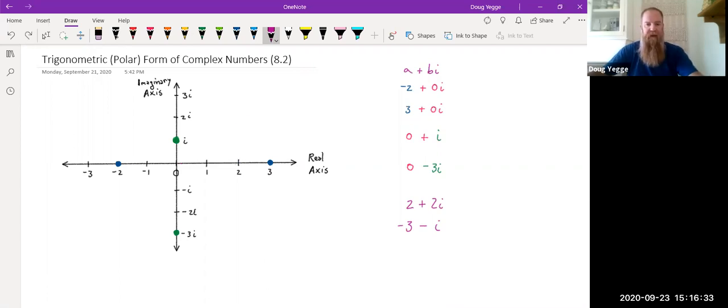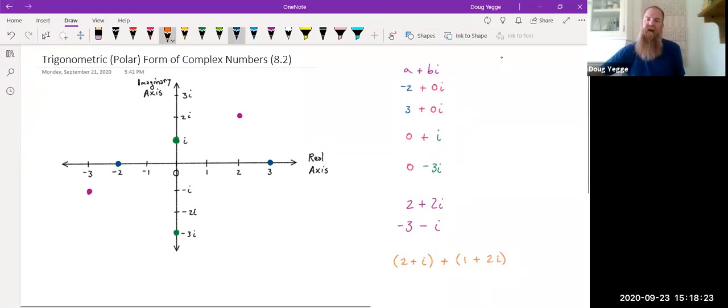So that means that I can actually plot my point 2 plus 2i as some point in this direction here, while -3 minus i would put me back -3 in the real direction and -i in the imaginary direction.